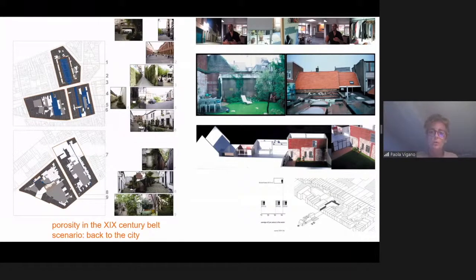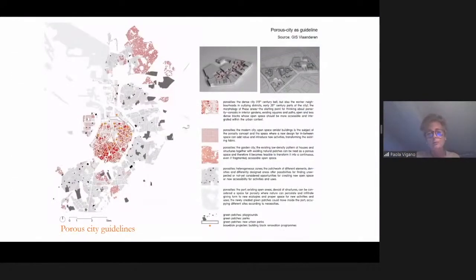These are some very big models we realized starting from existing small projects that a younger generation was realizing in Antwerp. And this led to introducing into the structural plan for the city of Antwerp some reflections about the porosity of the different urban materials, including in a taxonomy of tissues that had different capacity or different possibilities to be rethought, and different flexibility also.